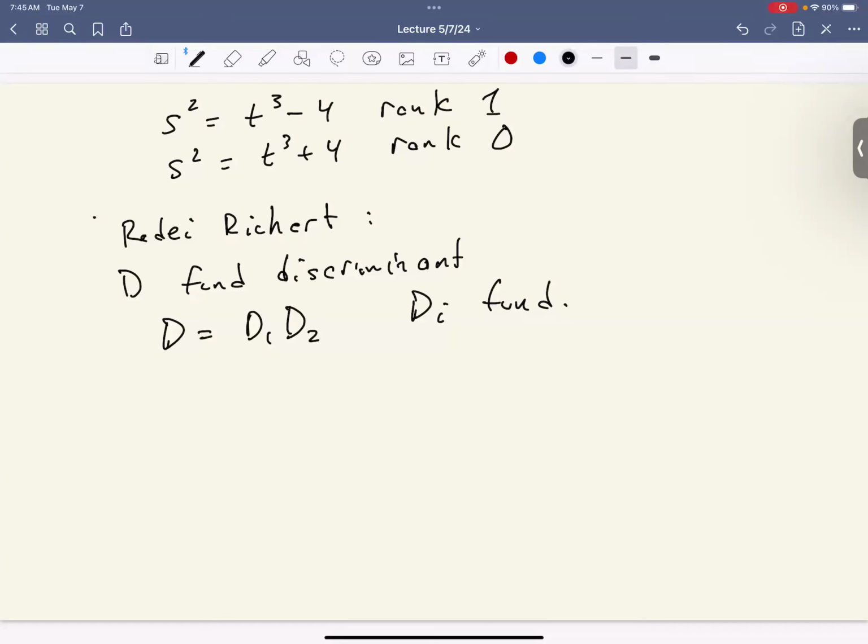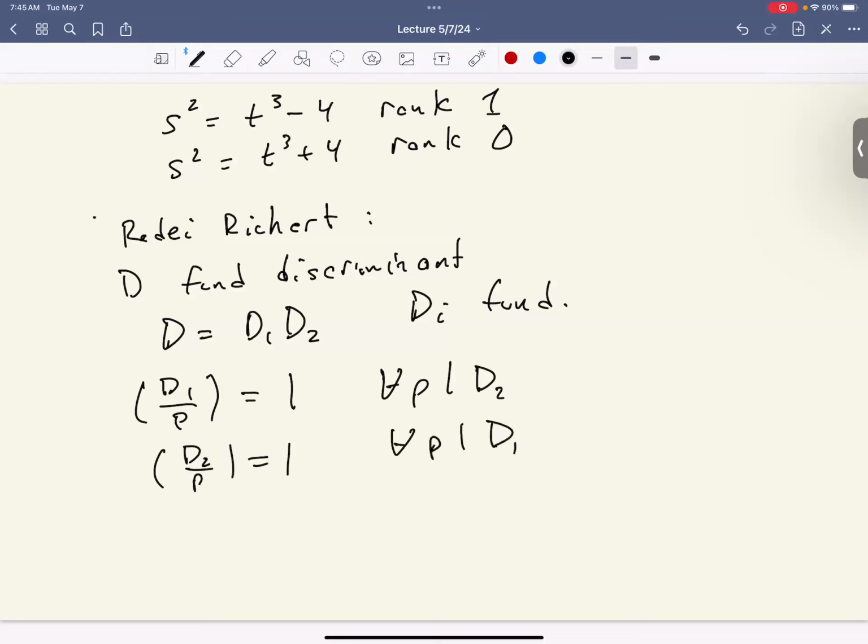The condition is that you take one of these factors and you take all the primes dividing the other factor, and the symbol has to be 1. And the reverse also has to be true. Then the number of these decompositions will tell you the number of these cyclic factors divisible by 4.